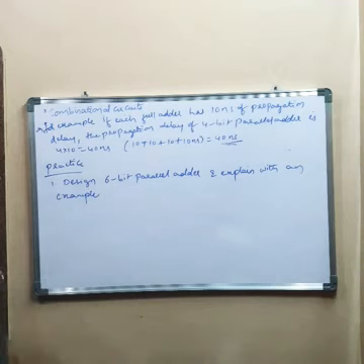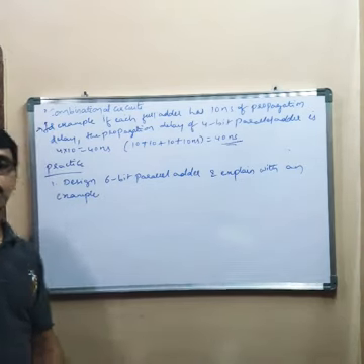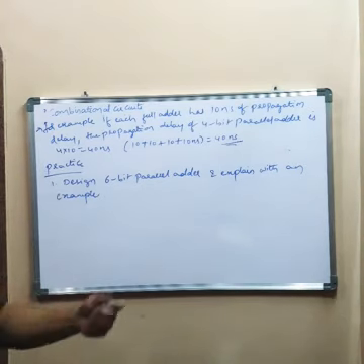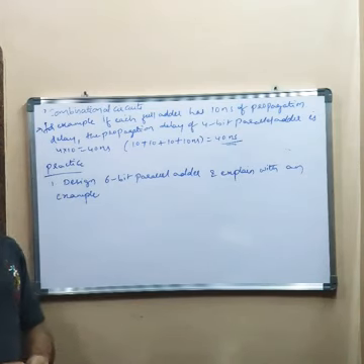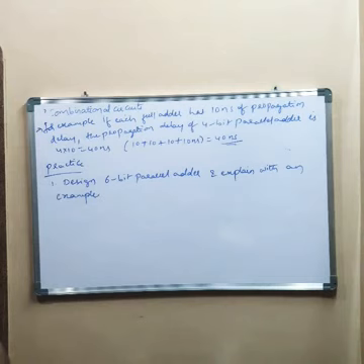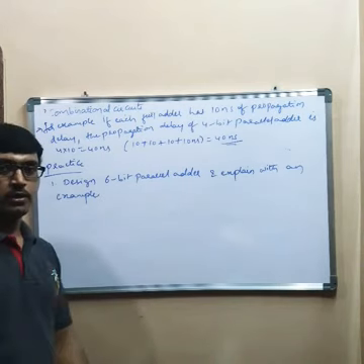You have to design the 6-bit parallel adder by taking 6 full adders, and you have to take two 6-bit numbers as an example, and you have to verify and then explain the operation with that example. Okay, thank you.